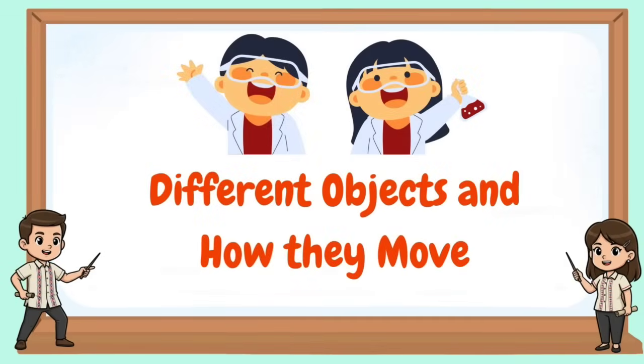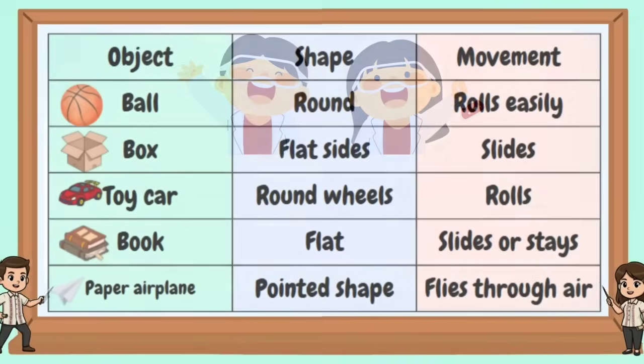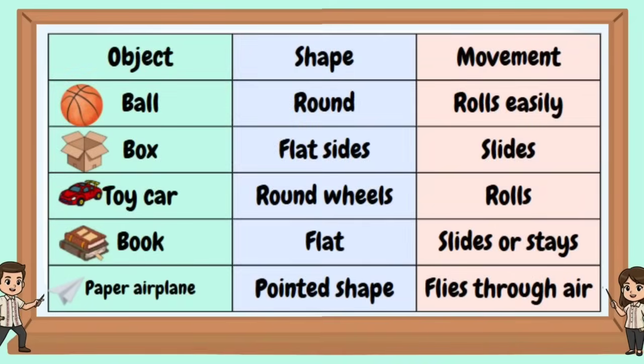Different objects and how they move. Object, ball. Shape, round. Movement, rolls easily. Box. Shape, flat sides. Movement, slides. Toy car.